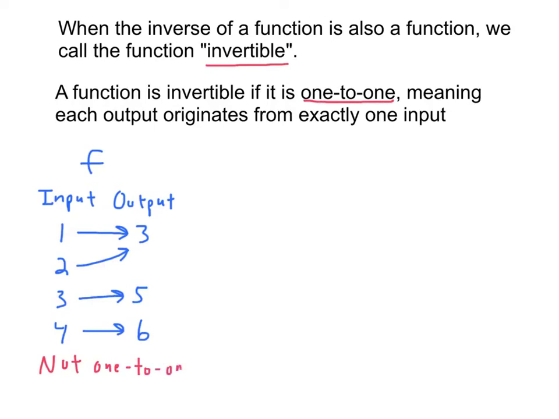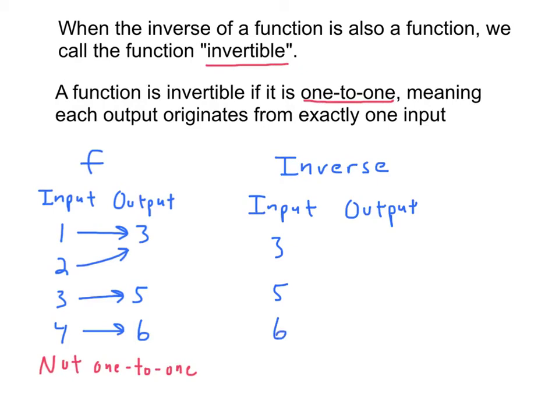And I just wanted to show you what happens when we take the inverse of something that's not one-to-one. So let's take the inverse over here, and so we're still going to have our inputs and our outputs. And the inputs of the inverse are the outputs of the original, so they'll be the 3, the 5, and the 6.